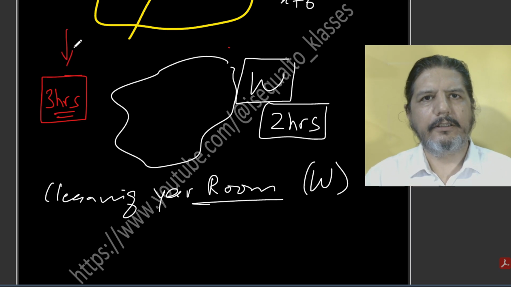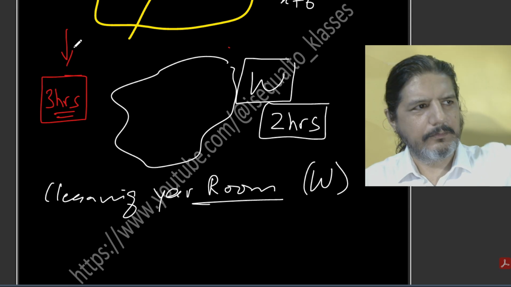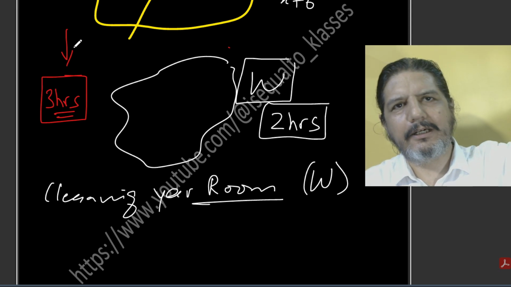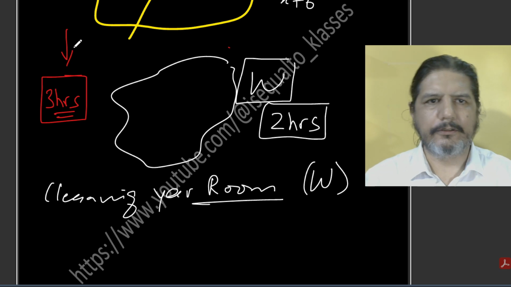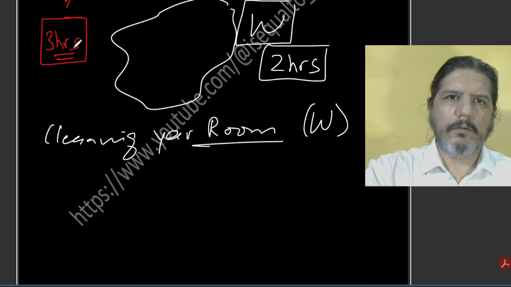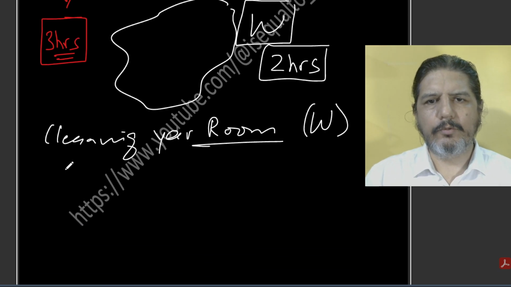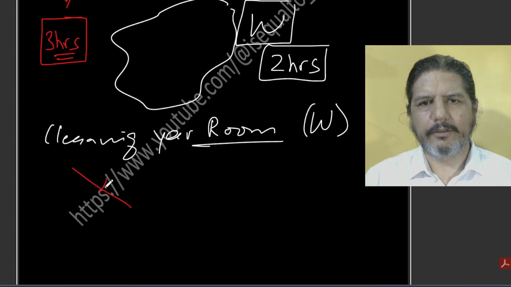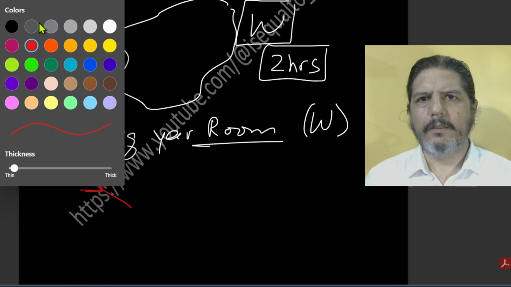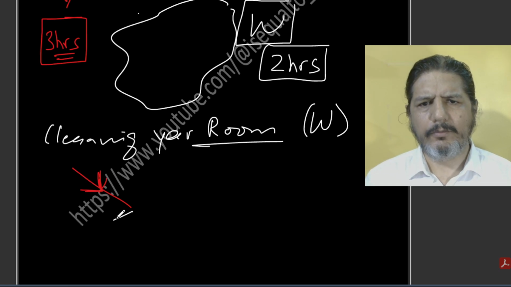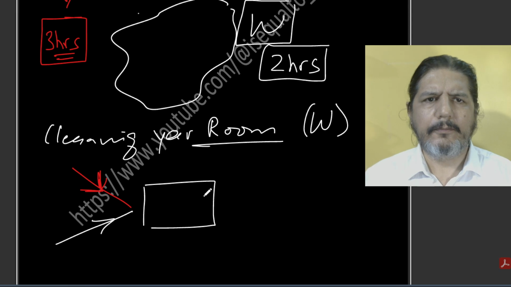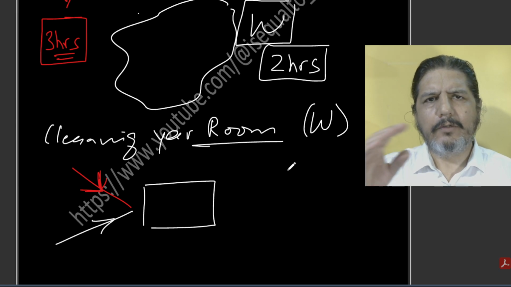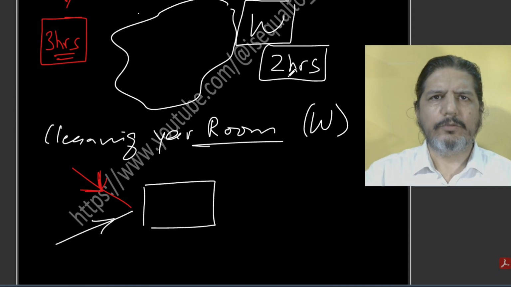You tell your sister that she independently has to clean the room, so she will clean the room in 3 hours. Now, common sense says if both of you are working together, your sister is working and you are also working. This is complete common sense, so we are not using maths in it. If you think about it, the time it will take would be less than 3 hours and 2 hours.